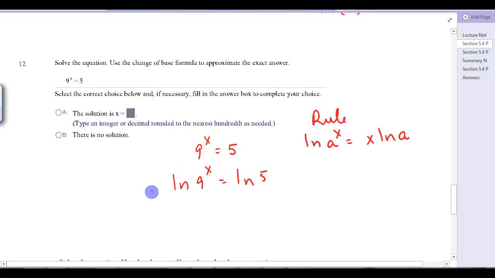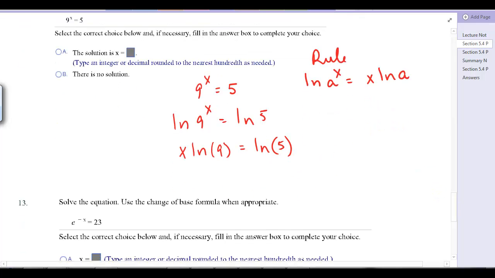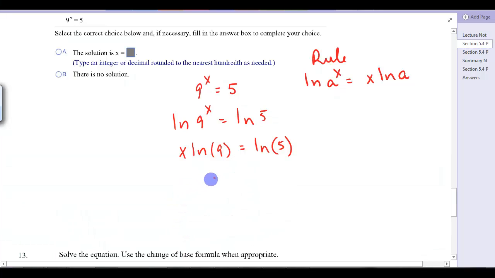That x can come to the front, and the reason we have to do that, we can't solve for x as long as he's up in the exponent place. We need to get him down. So this becomes x ln 9 equals ln 5. x equals ln 5 divided by ln 9.